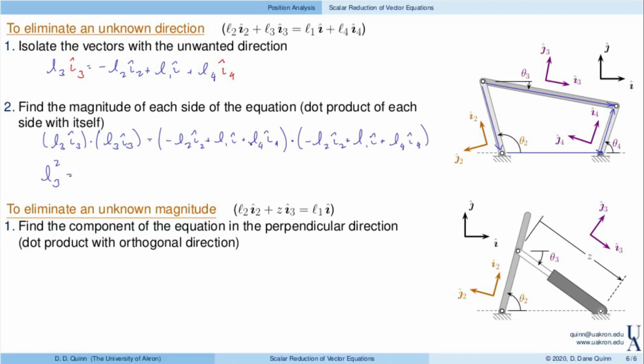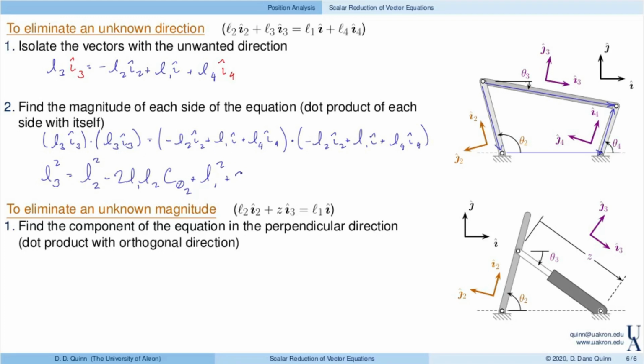So, in doing so, this left-hand side becomes L3 squared. And the right-hand side, well, there's a bunch of dot products and things to do. I'll just write out the answer for you. You can pause this video and go through and work this out for yourself. L1 L2 cosine of theta 2. I get an L1 squared.